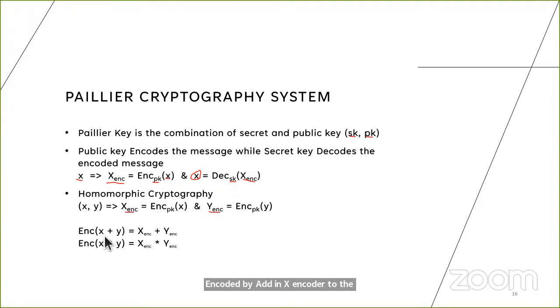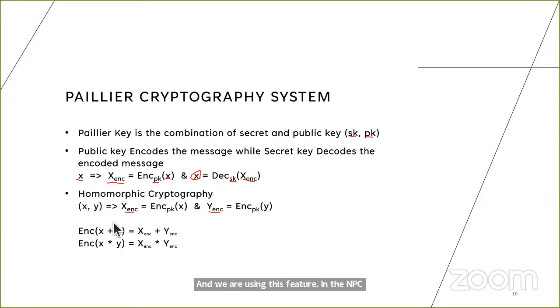So if we need X plus Y encoded, we compute X encoded and Y encoded and add them together. Or if we want to compute X multiplied by Y encoded, we can multiply them as well. So this is the most important feature in the Paillier cryptosystem, and we are using this feature in the MPC wallets.